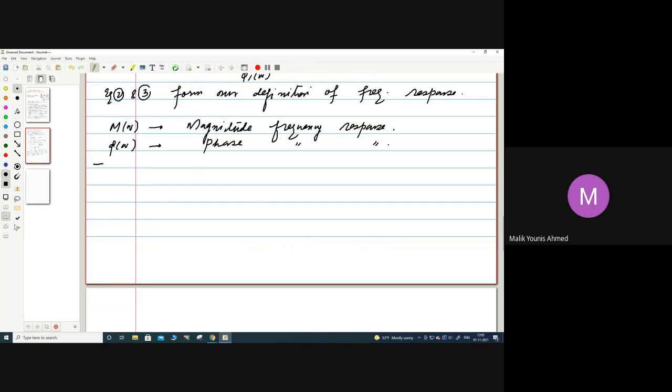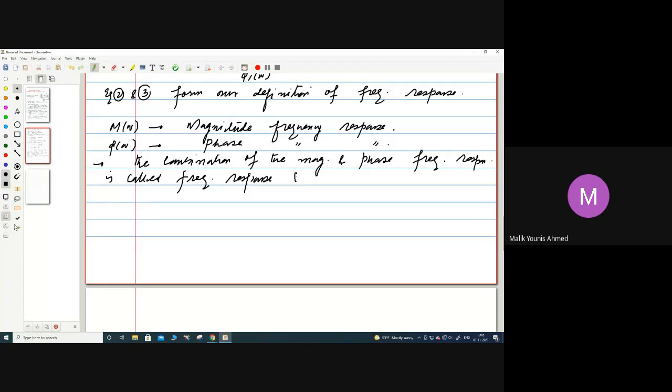So the combination of the magnitude and phase frequency response is called the frequency response and is given by M of omega at an angle of phi of omega.